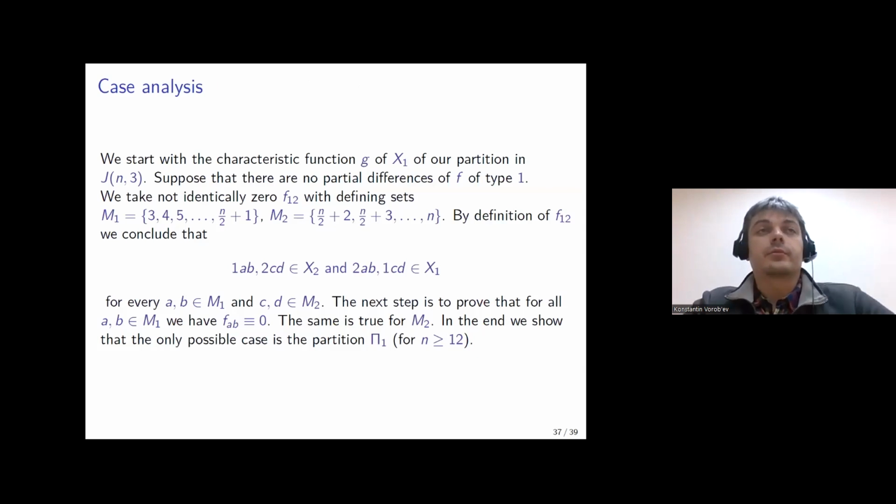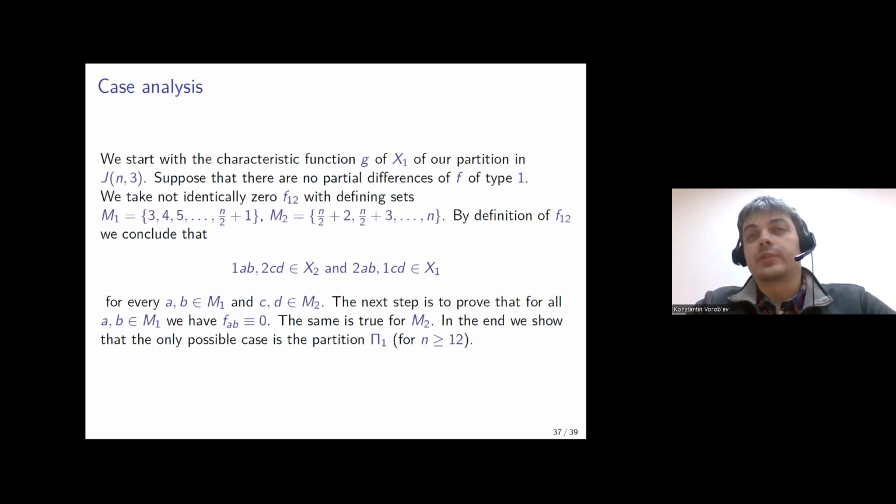Yes, and here we also have some case analysis. So let me show it by example. So for example, we start with the characteristic function g of x1 of our partition. So suppose that there are no partial differences of type 1, then only of type 2 and all zero functions. So we take some not identical 0 f1,2 with defining sets m1 and m2.